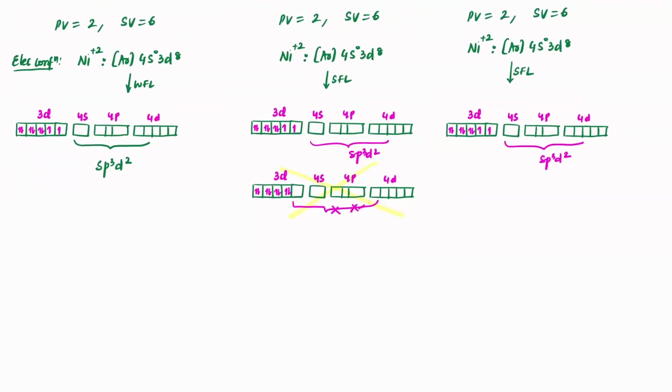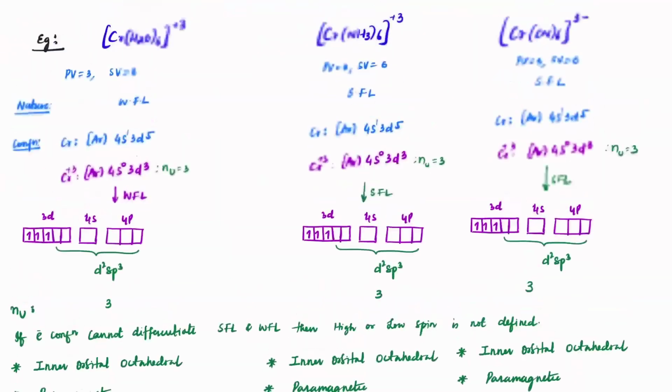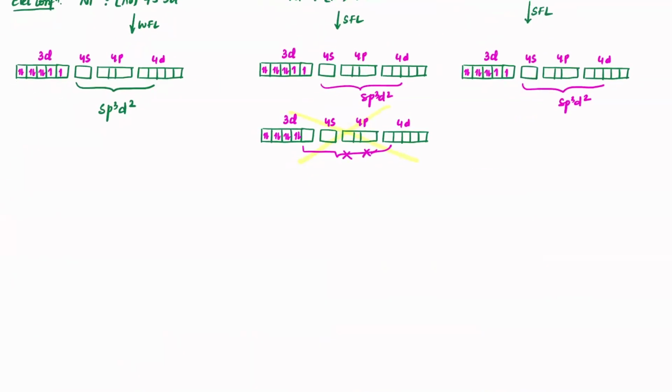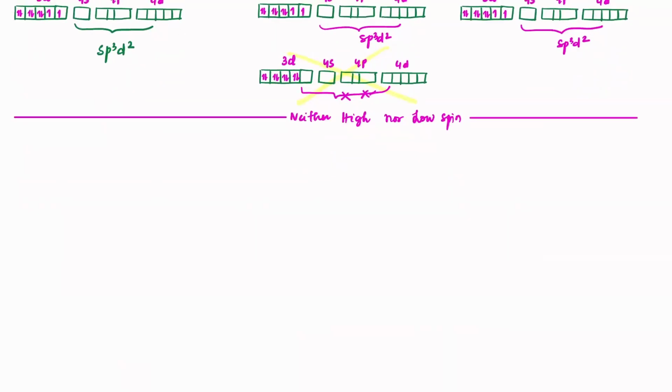Since you are not able to make any difference between a strong field and a weak field ligand, this concept will be again valid. So we cannot say it is a high spin or a low spin complex. Neither high nor low spin complex. Hybridization is the same.